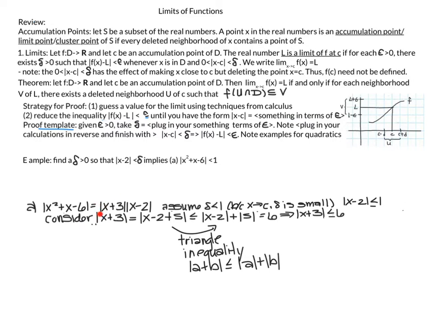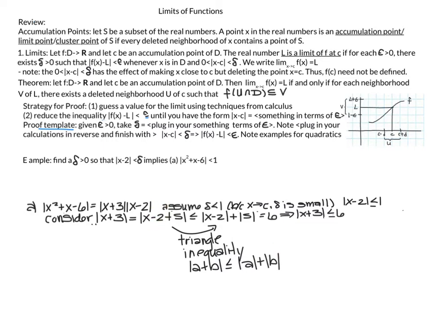Now when we consider x plus 3, we're going to rewrite that in terms of x minus 2, so x plus 3 is x minus 2 plus 5. And this is the same trick we used in the previous example. Then by the triangle inequality, and if you don't know the triangle inequality by now, this is the time to learn it: the absolute value of a plus b is less than or equal to the absolute value of a plus the absolute value of b.